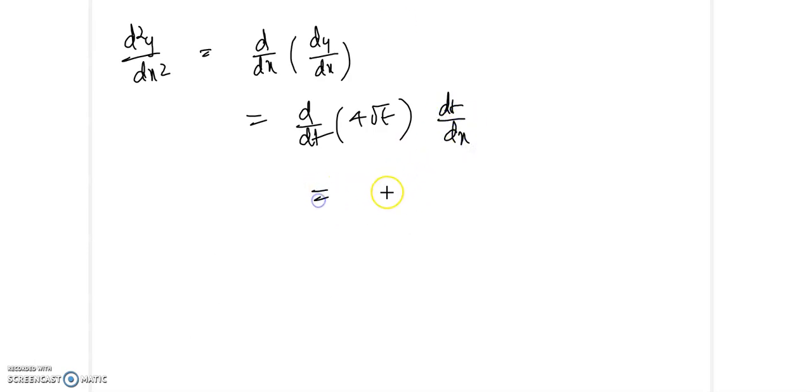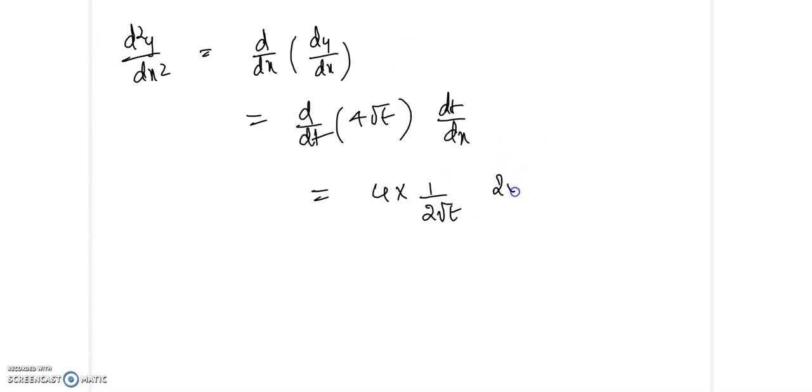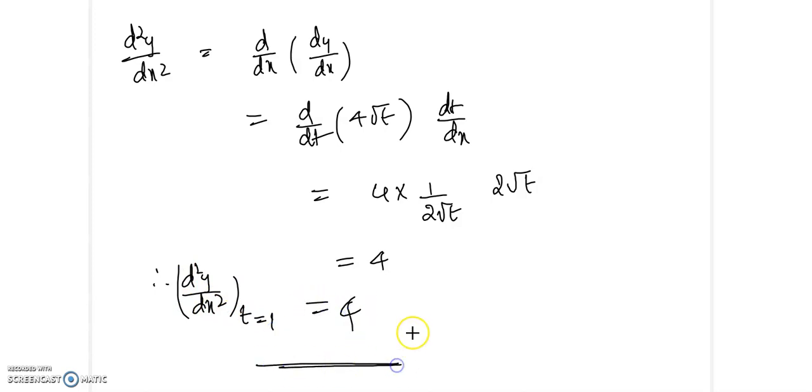So that will be 4 into 1 by 2 root t, and dt by dx is 2 root t. So that is equal to 4. So therefore d square y by dx square at t equal to 1 is equal to 4. So that is the required derivative.